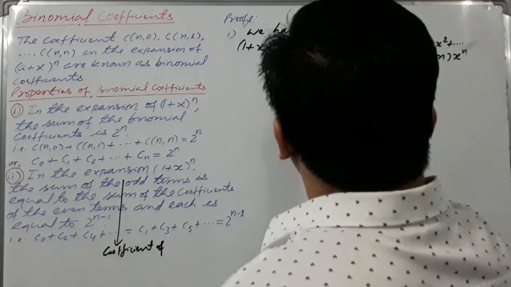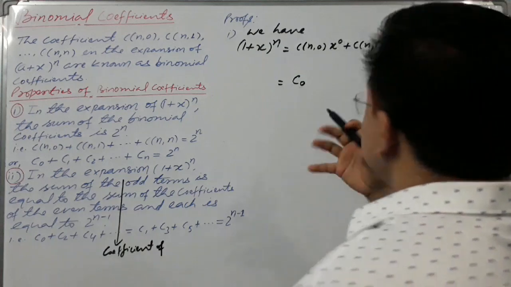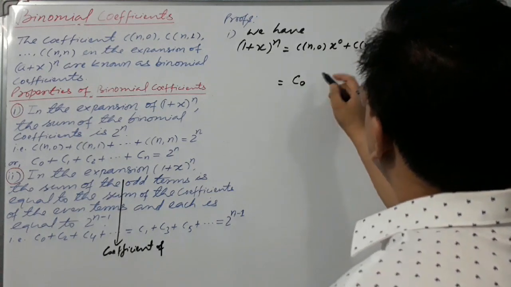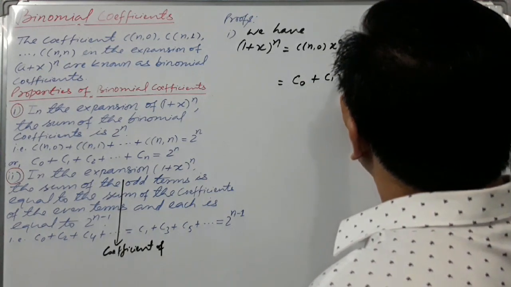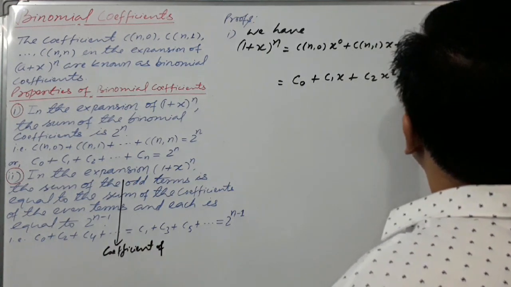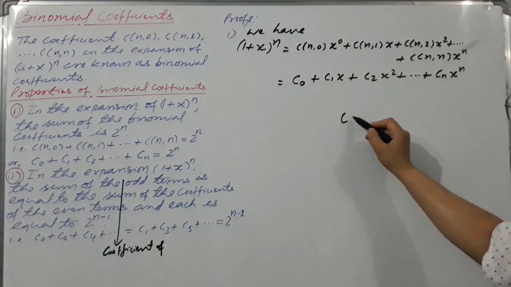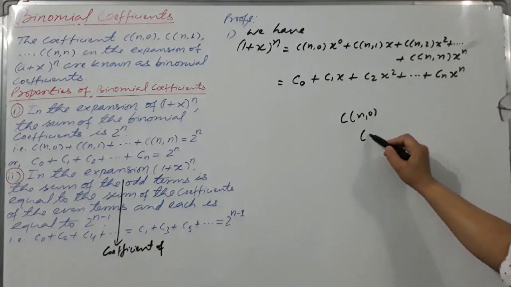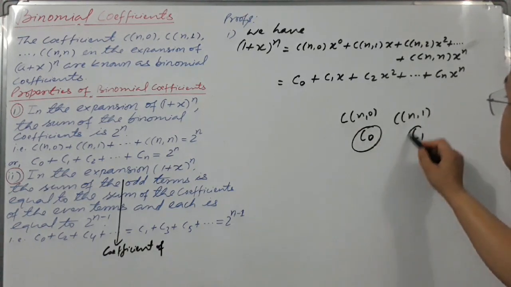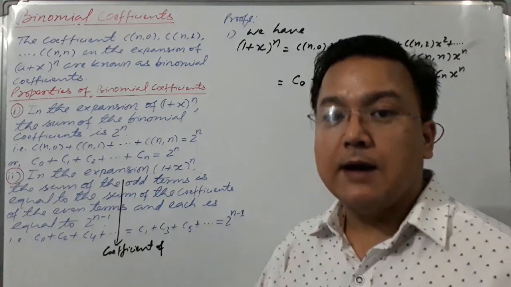Now, the same thing I can write simply with C0, and n is understood in all the coefficients. So in terms of r you can write C0 + C1 x + C2 x square + ... + Cn x raised to power n. C(n,0) is denoted by C0, C(n,1) is denoted by C1 for simplicity, because in this case n is understood.